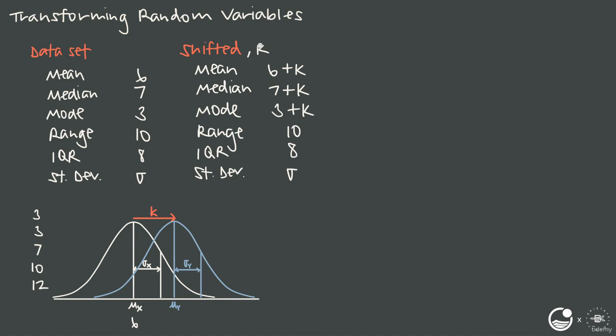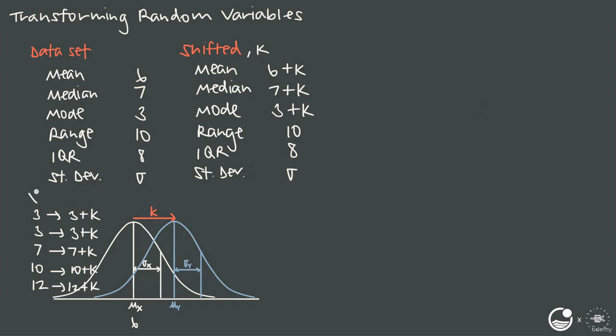If we add some value of k to each data point in the data set, then 3, of course, is going to become 3 plus k. This is going to be 7 plus k, and we'll have 10 plus k, and here 12 plus k. And these then are the values in the new shifted data set.